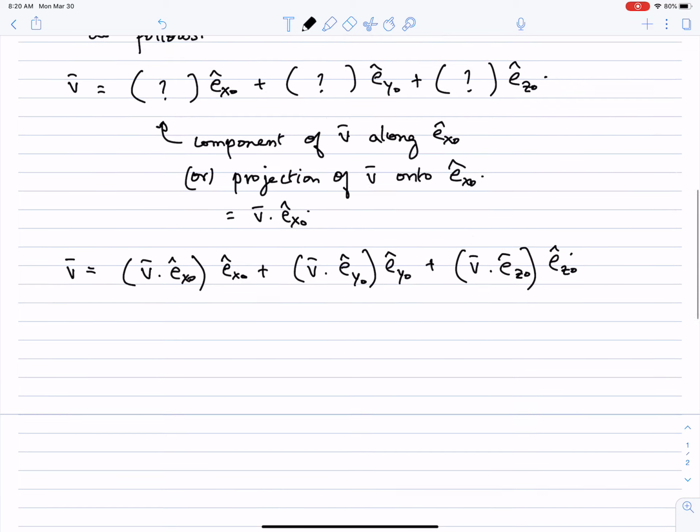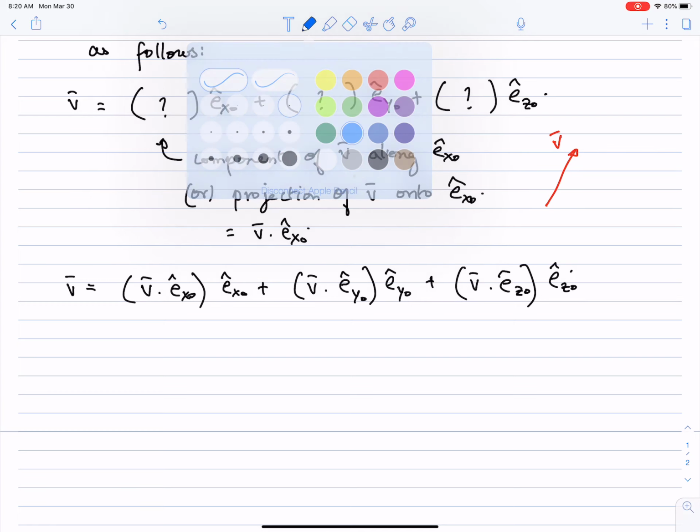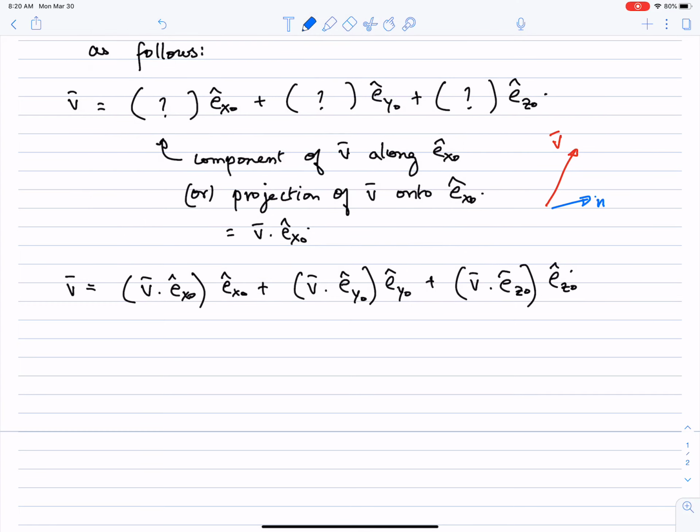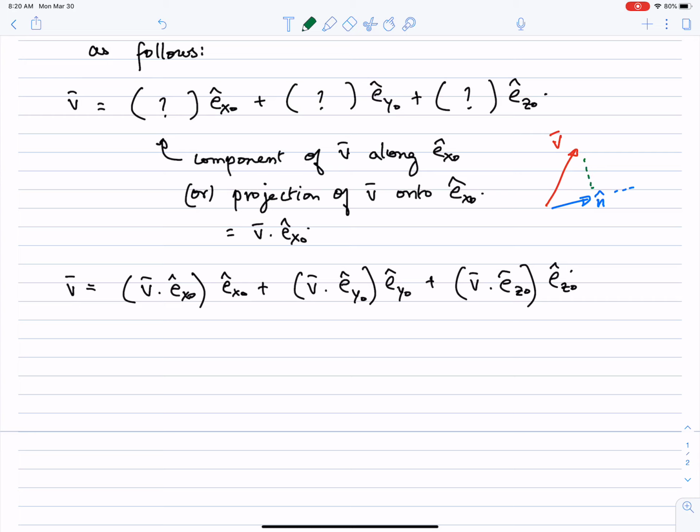Okay, so where does this come from? This is just what you learned in your early undergrad or high school perhaps, where you have some vector v and some unit vector n, then the projection of v onto n, let me draw it slightly exaggerated.